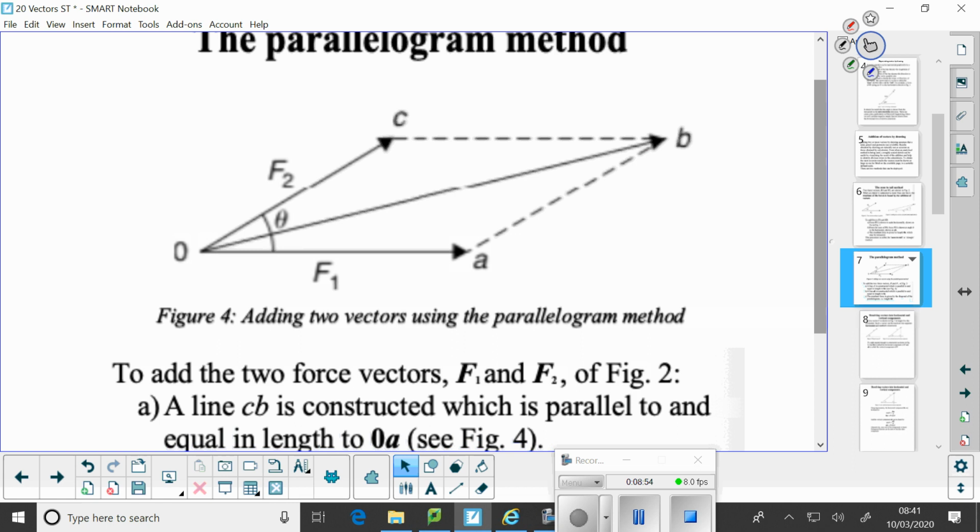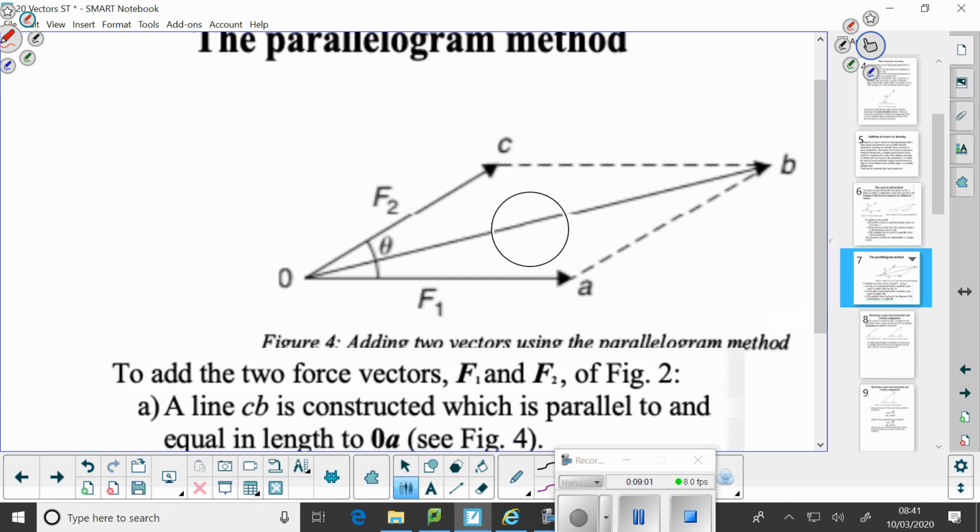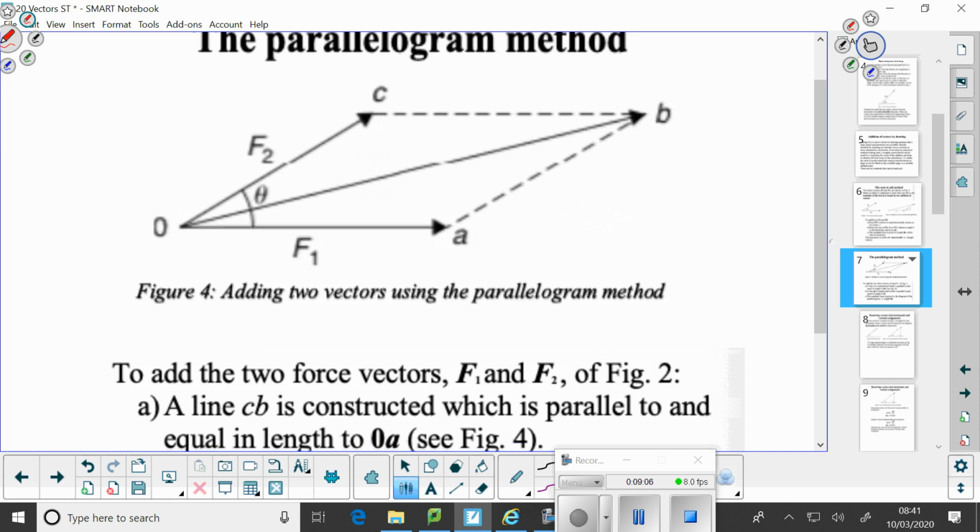So this line here is parallel with that one, that one parallel with that one, that one parallel with that one. So completing a parallelogram, and then the resultant vector is up the middle. Okay, and we're looking at the angle.